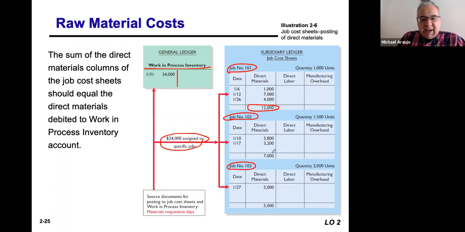Job 102 is allocated $7,000, and job 103 is allocated $5,000. Yes, it is all work in process inventory, but it's being assigned to very specific jobs that the company is doing.